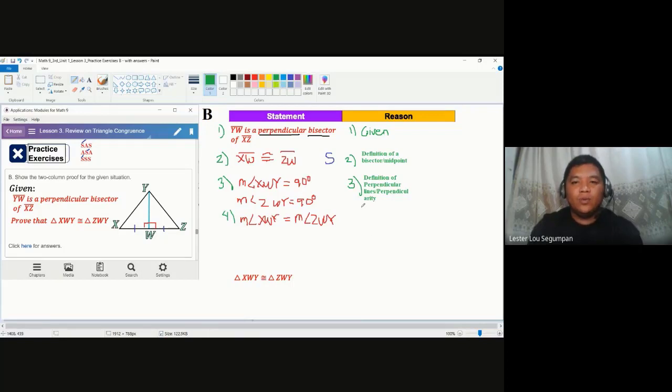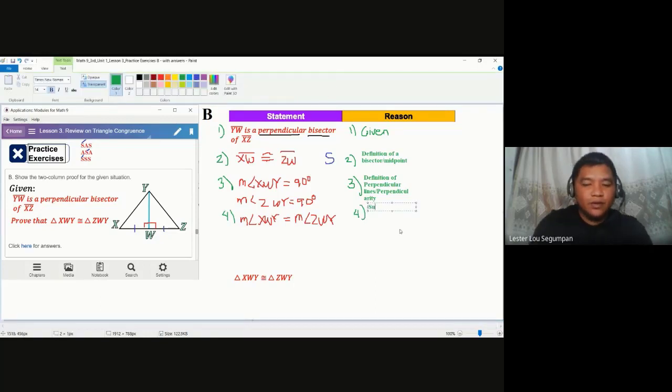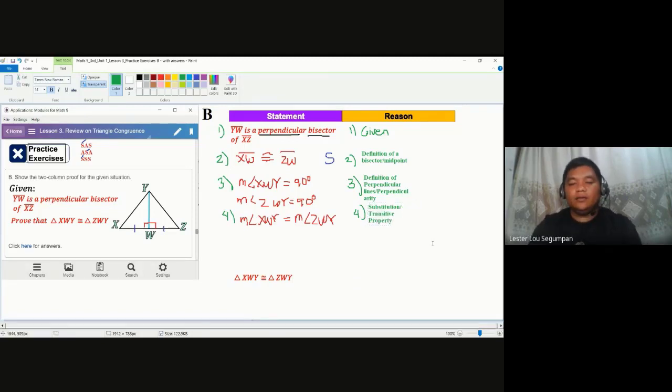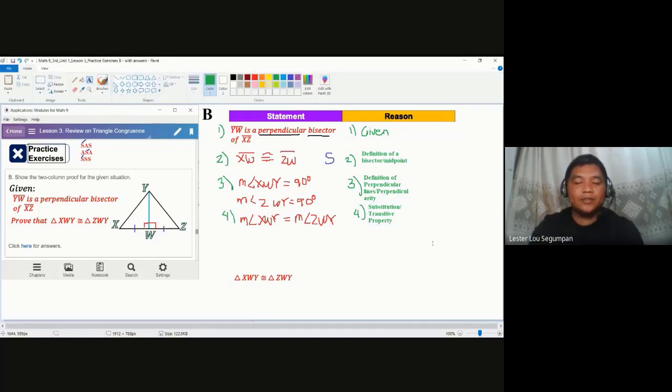The reason is substitution, or you may use the transitive property. Substitution means we substituted the value here, the 90, by this value, or use the transitive property.